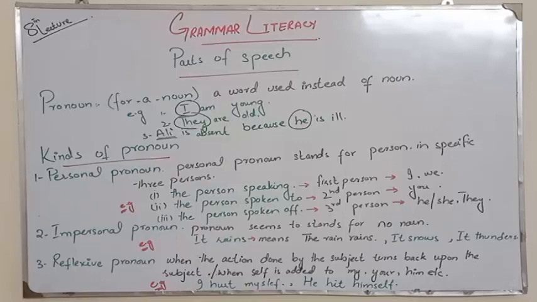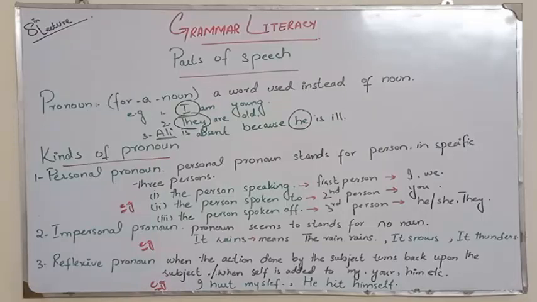In specific, they deal with the three persons. The first person is speaking about something. It is called the first person. The person spoken to is called the second person, and the person spoken of is called the third person. It could be he, she, or they.